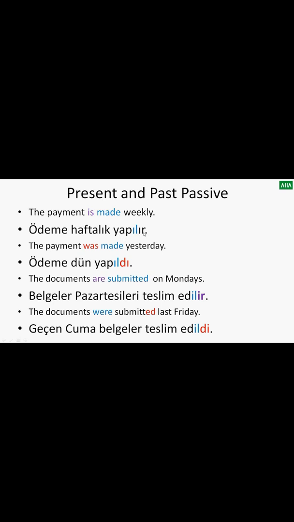Yapılır is made or is done. So yapıldı, this is actually was because past tense. Yapıldı and edilir. Teslim edilir and teslim edildi. As you see here, this is the past tense of passive voice.